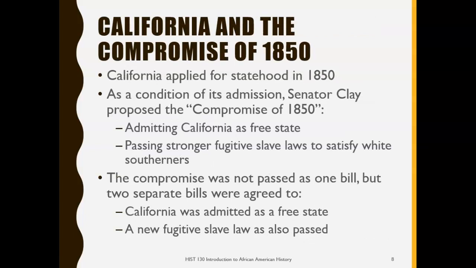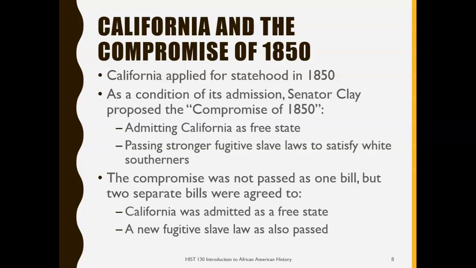Another issue that divided the North and the South and increased the hostility between the two parties was the admission of California in 1850. So California applied for statehood in 1850. As a condition for its admission, Senator Clay proposed the Compromise of 1850.